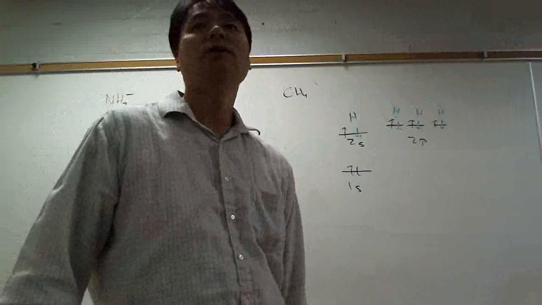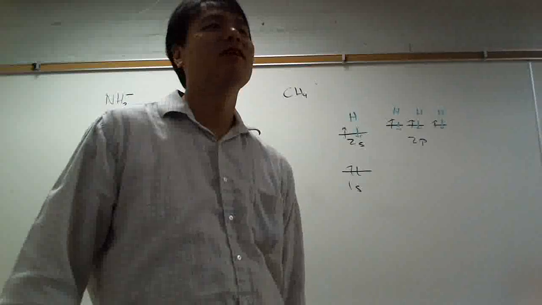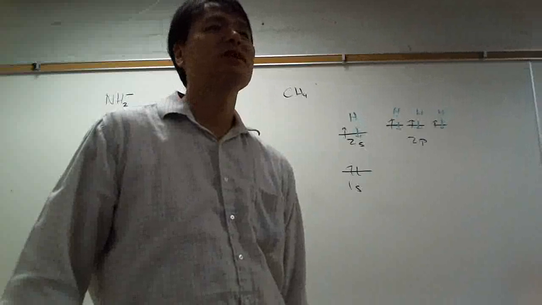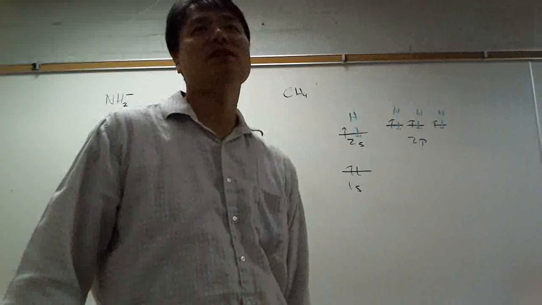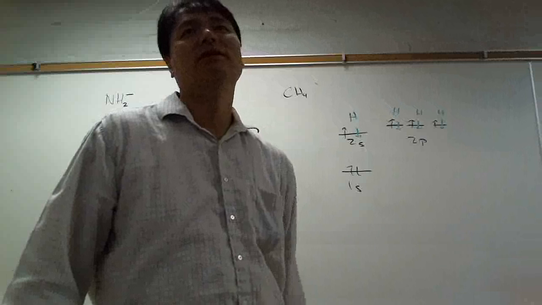Do the orbital energy level diagram for nitrogen, and then show me how the hydrogens come in and bond to it.